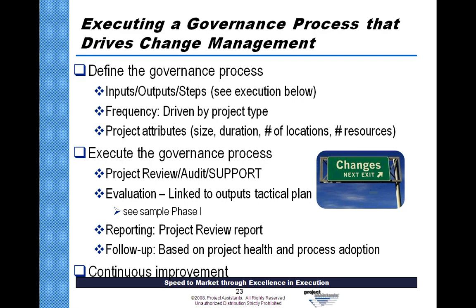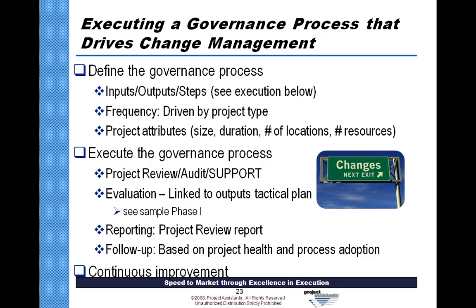Governance itself, we talked about the review, audit support that we provide to the project management community, the evaluation, the reporting, the follow-up, and ultimately the continuous improvement that gets driven. Because when we talked about the sample tactical plans, we may have different degrees of rollout that we're doing here, right?